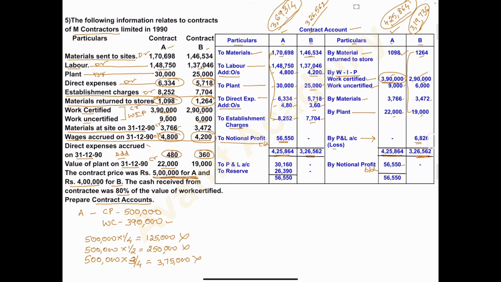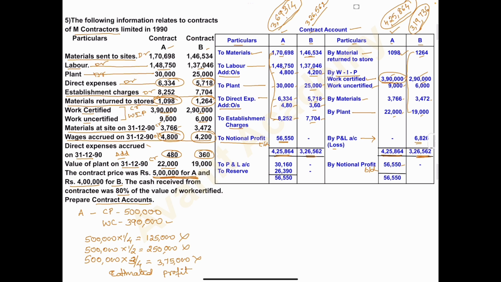So what is the last condition? If the work certified amount is more than 3/4 or nearing completion, in such cases, the amount of profit to be transferred to profit and loss account is based on estimated profit. But in this problem, they have not given information related to estimated profit, and they have not given any information to calculate the estimated profit.